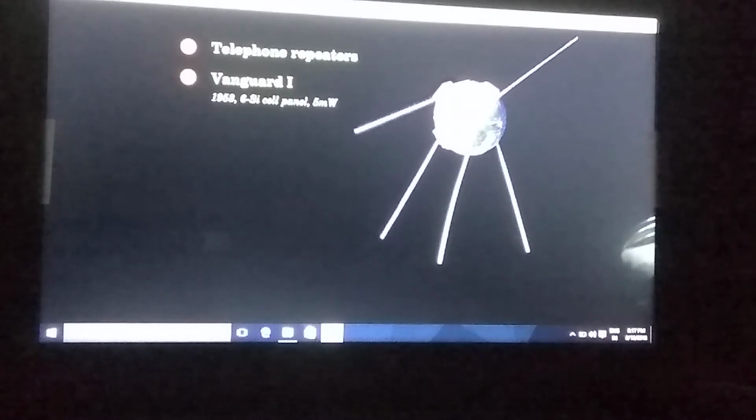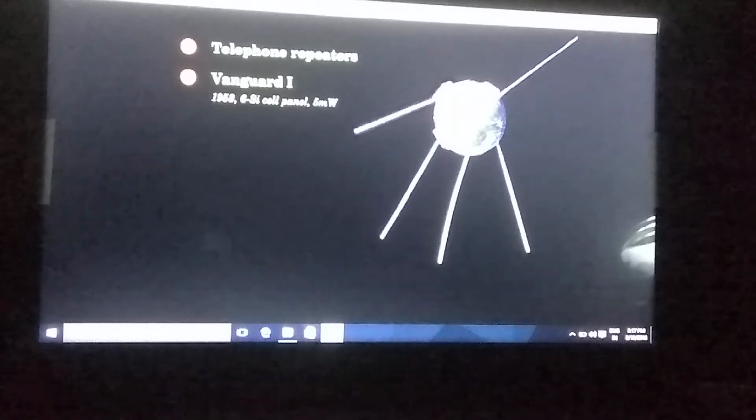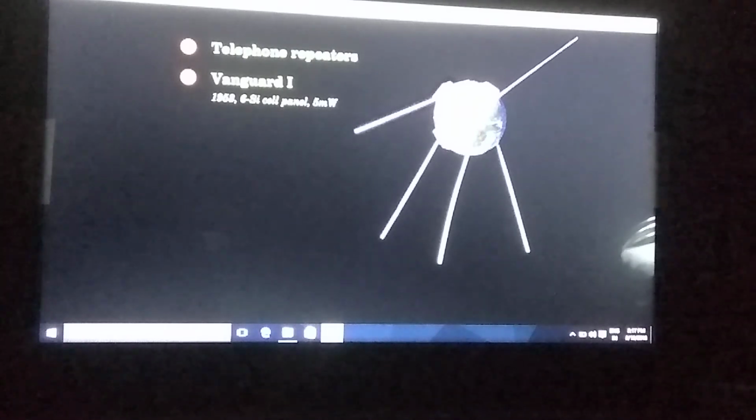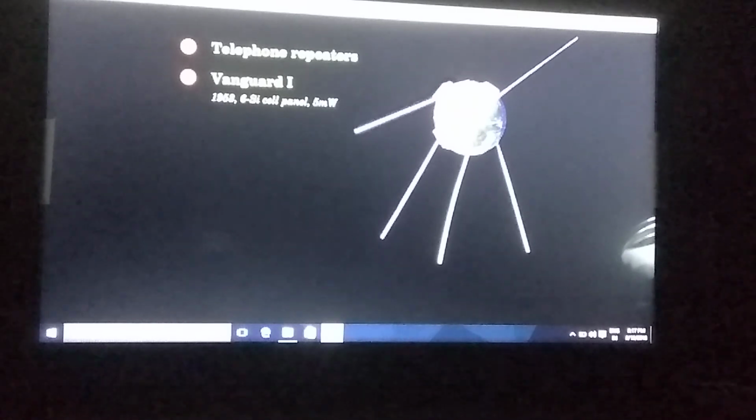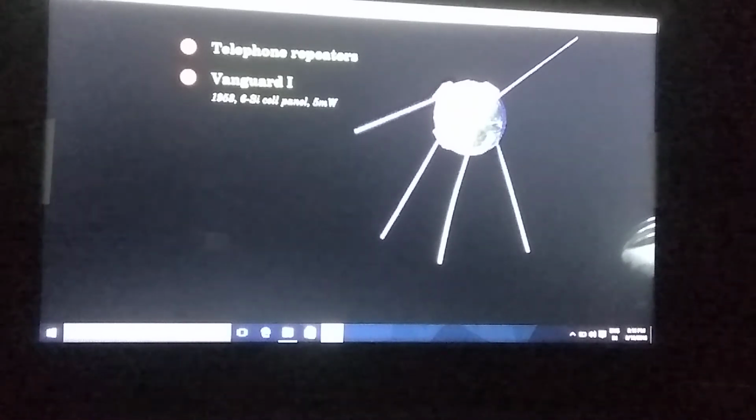The silicon cells were placed here in these notches, 1, 2, 3, 4, 5, and the 6th one in the back. So this is the Vanguard satellite. When the battery stopped operating after a few months, the PV source continued to operate the transmitter for over 6 years of the life of the satellite. This in fact was a very great success for the photovoltaic cell.